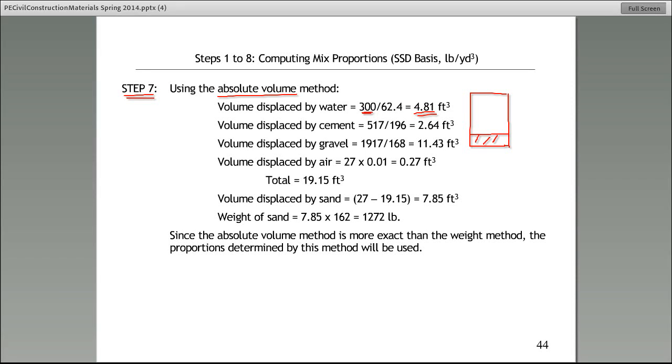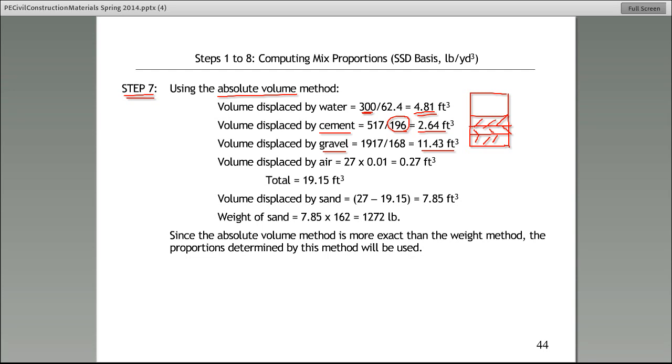Then convert the cement to its equivalent volume. It's 2.64 cubic feet. And again, 196, we got that from the given information. Volume of gravel is 11.43, so this is how much gravel it takes up.